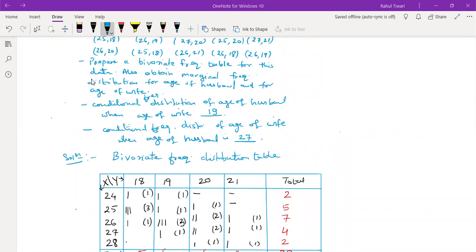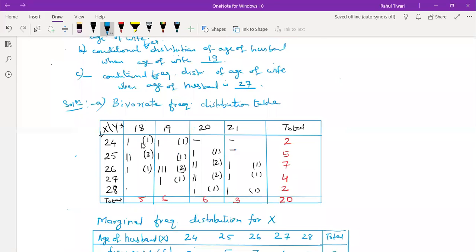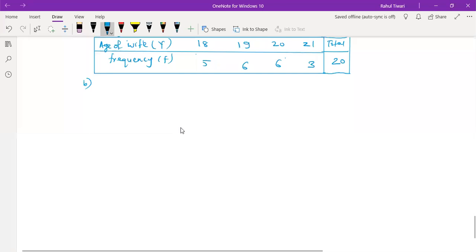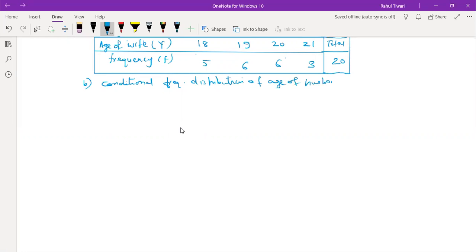I can say this is part A, this is part B, this is part C. So part A is over. Let's go to part B. So in part B we require the conditional frequency distribution of age of husband. Age of husband is x.